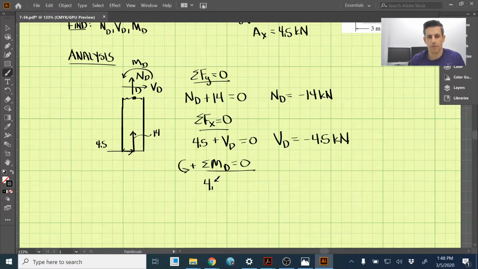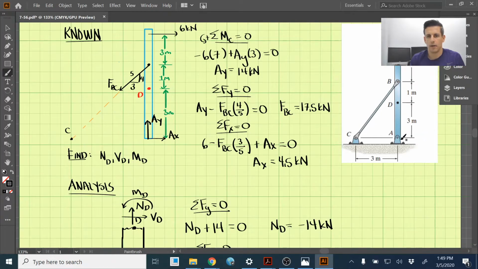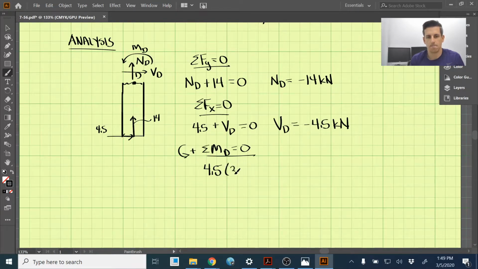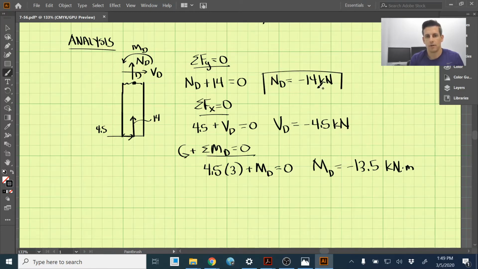Looking back at our diagram up here, that is 3 meters away. So that's 3 meters. And then we also have our moment at D and set that equal to 0. And then we come out with the moment at D is negative 13.5 kilonewton meters. So these are our answers for problem 732.